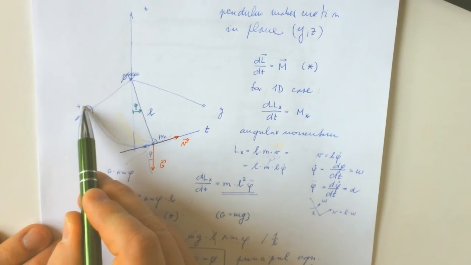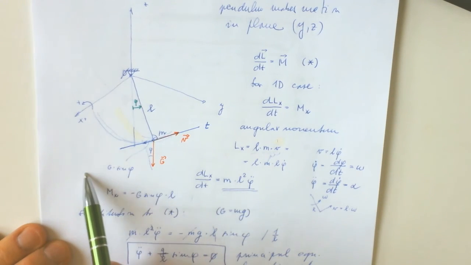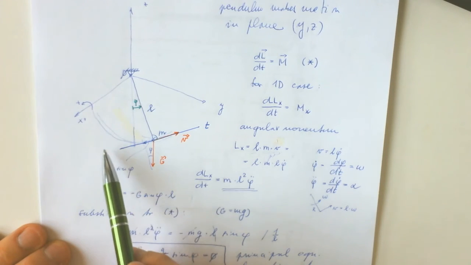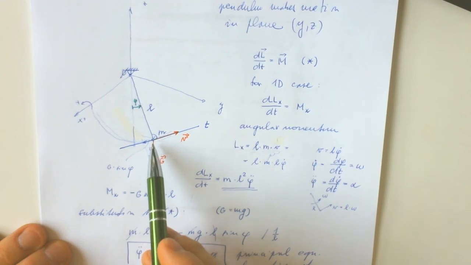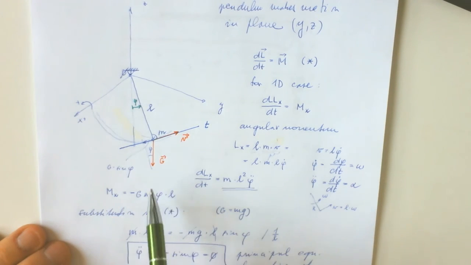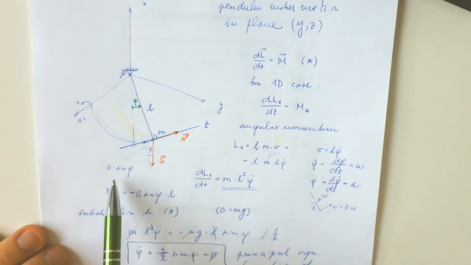So this is the positive direction of rotation, and we can notice that this force makes a different direction of rotation. So this is a negative moment. It acts against the positive direction, so there must be a minus.